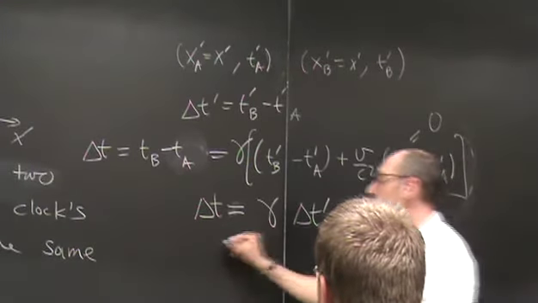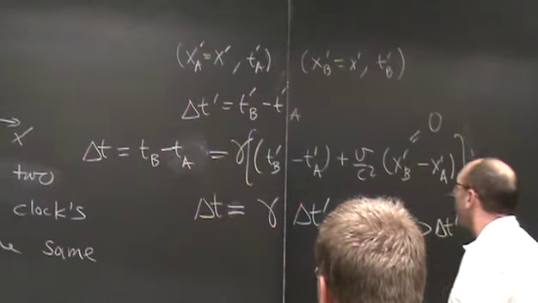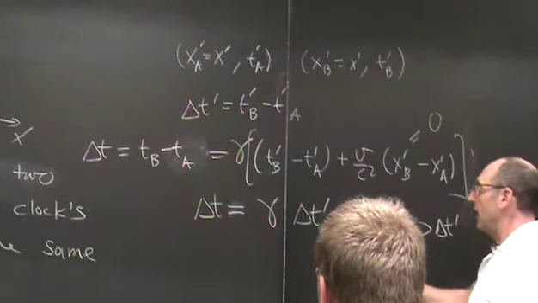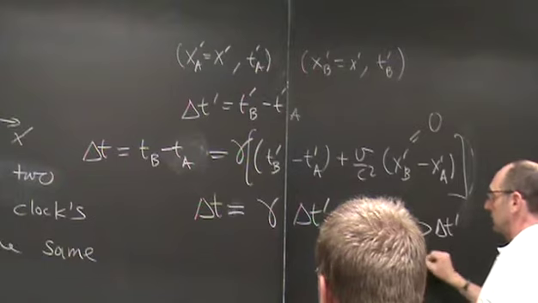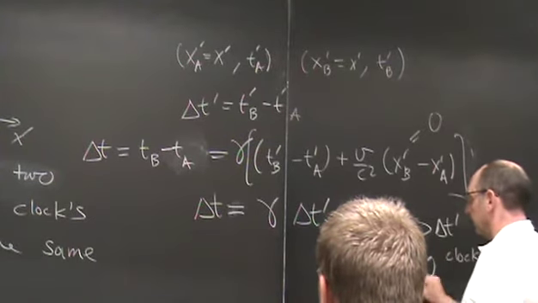So delta t is bigger than delta t prime. The moving clock ticks more slowly.